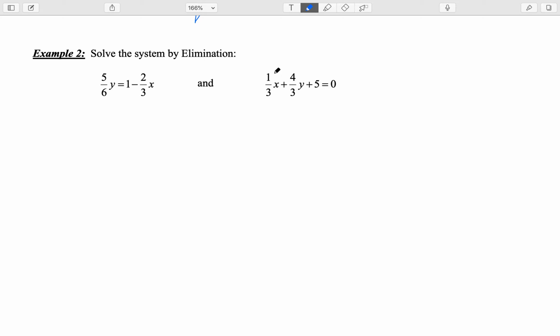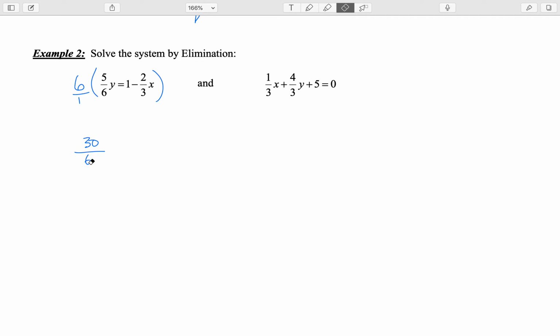Okay, step one. Let's get rid of some of these fractions. This one has a denominator of 6. This one has a denominator of 3. I'm going to multiply both sides by 6. Because watch, when I multiply by 6, this becomes 5y. Really think about it. It's 6 times 5, 30 over 6, because I'm multiplying by 6 over 1. I'm not multiplying the bottom.